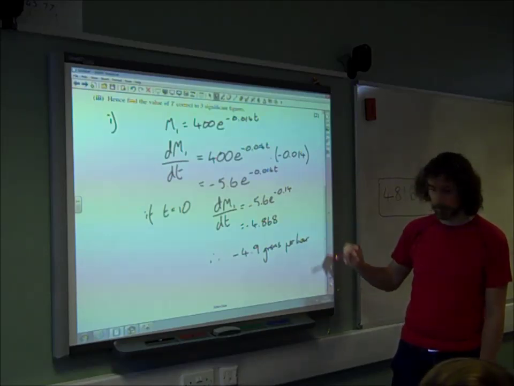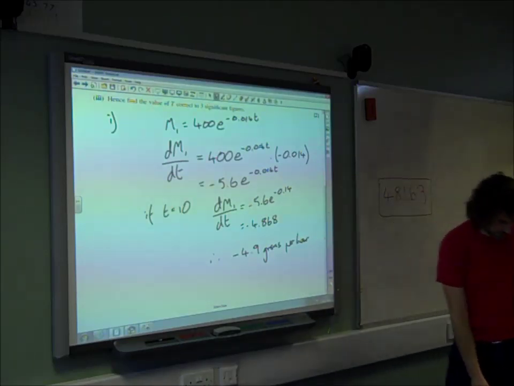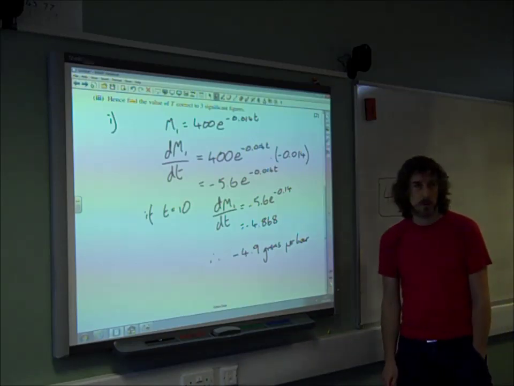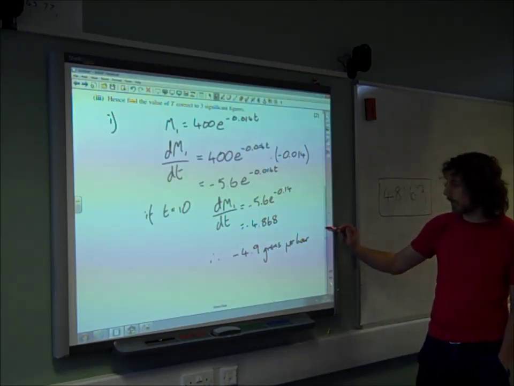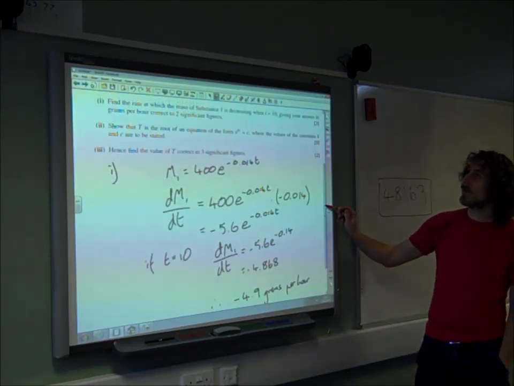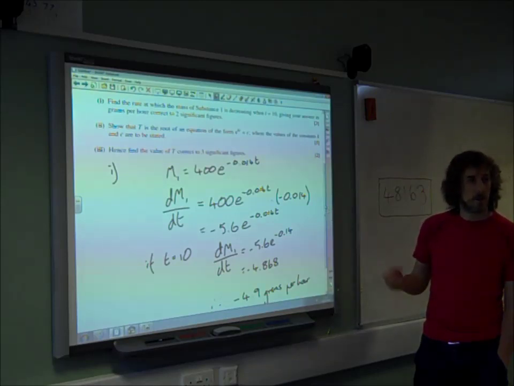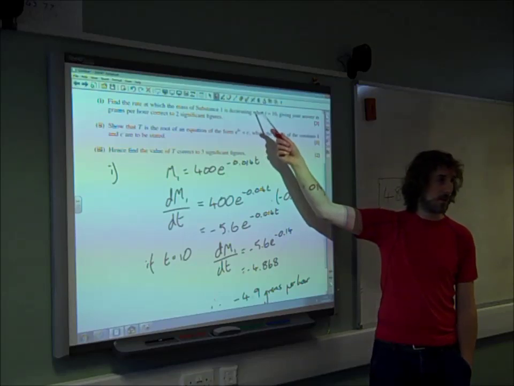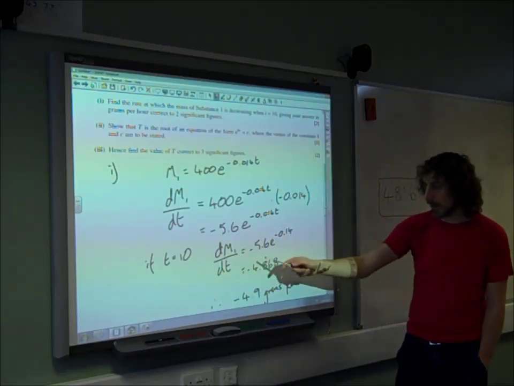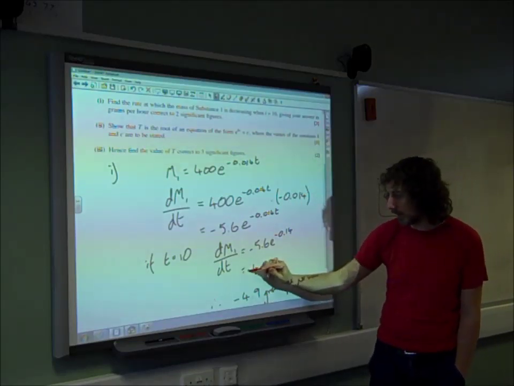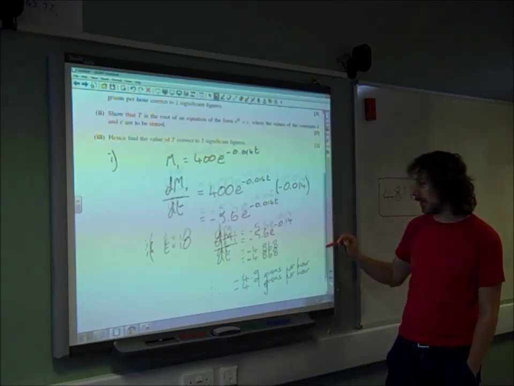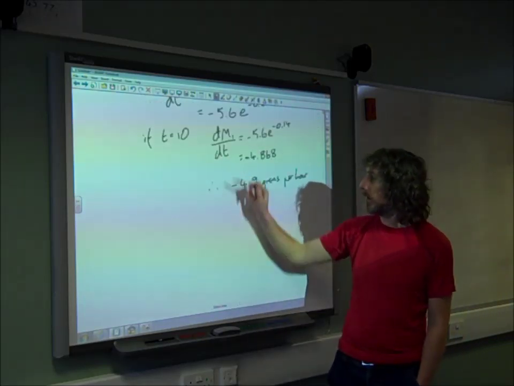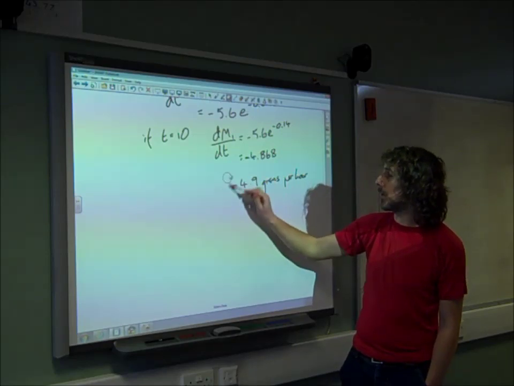Oh, hang on. I may have just done something slightly wrong in here. What have I done slightly wrong? Then it said it's decreasing, so it should have a minus on it. That's it, yeah. It said find the rate at which the mass is decreasing. So the fact that I got a minus answer tells me it's decreasing, but if I'm expressing the rate at which it's decreasing, then it would be nicer to write it without the minus.